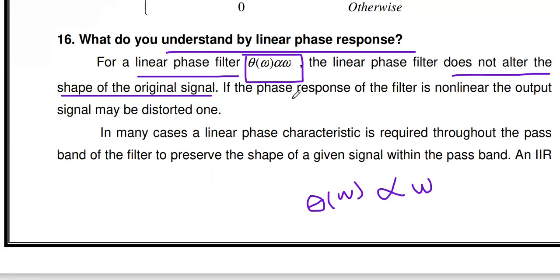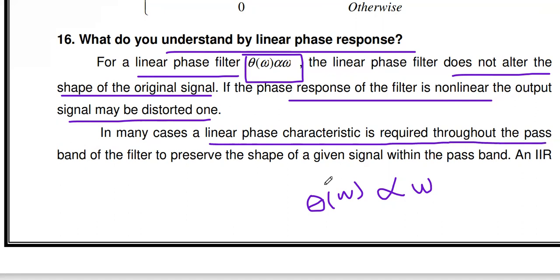If the phase response of the filter is non-linear, the output signal may be distorted. If the filter has linear phase response, the output does not change the shape of the original signal. But if the phase response is non-linear, the output signal may be distorted. In many cases, linear phase characteristics are required throughout the pass band of the filter in order to preserve the shape of the given signal within the pass band.